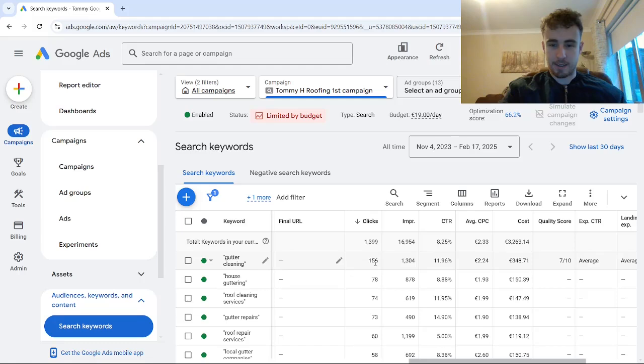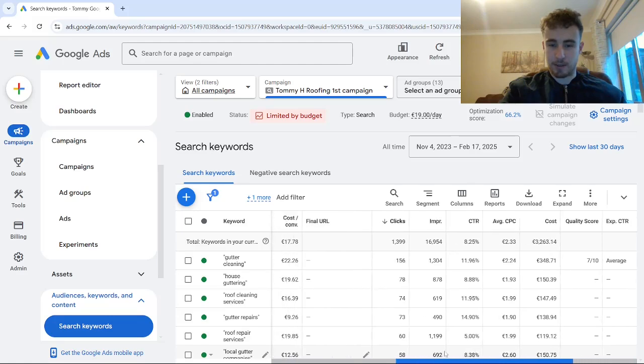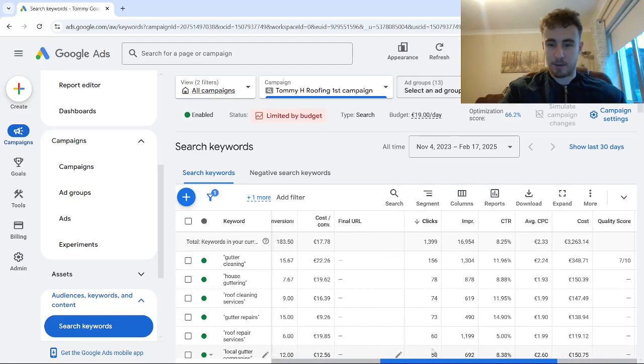Now, if for any reason that had 156 clicks but zero conversions, then it would probably be kind of concerning, and you'd need to do something about that, because you'd be getting loads of clicks but no conversions to justify keeping it in place. But we had 15 conversions for the 150 clicks, so a 10% conversion rate, which isn't bad. So you can justify keeping it in that case.